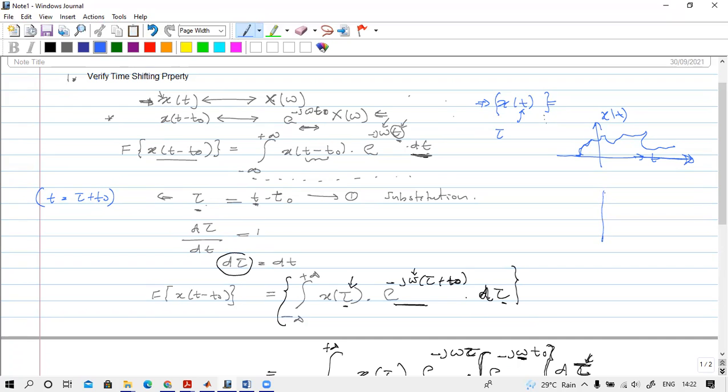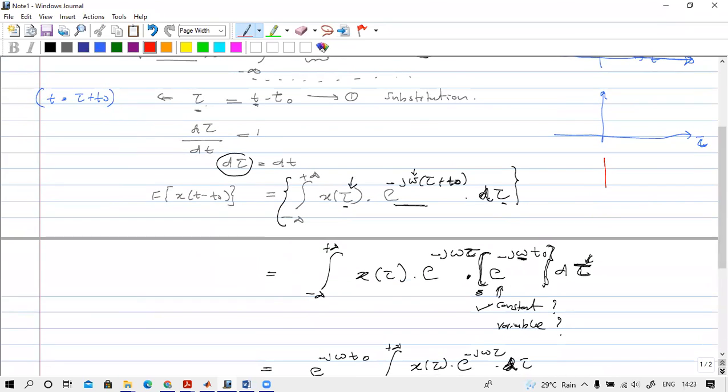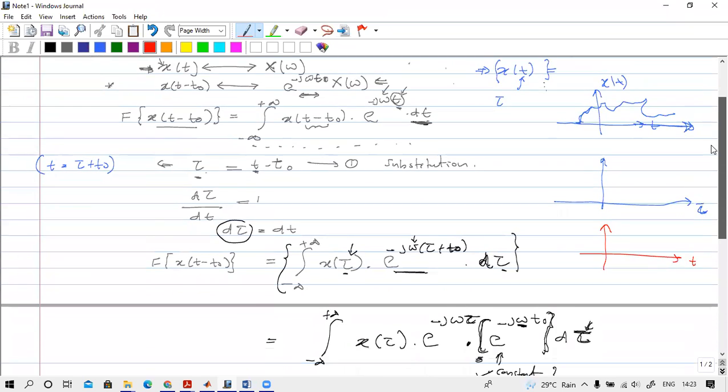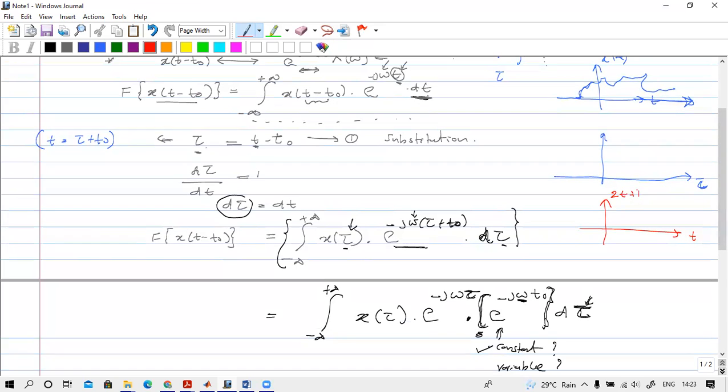For example, if x(t) is equal to 2t plus 1, I take it as an example.